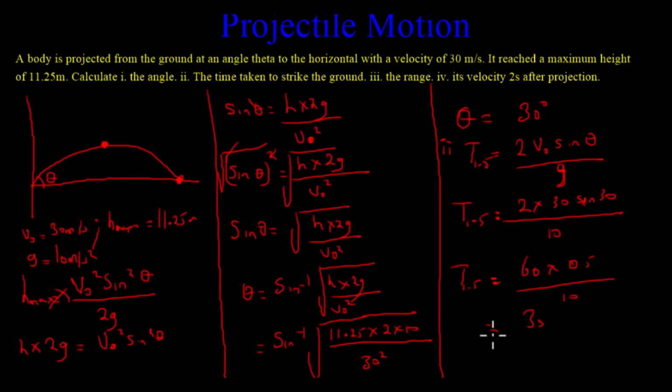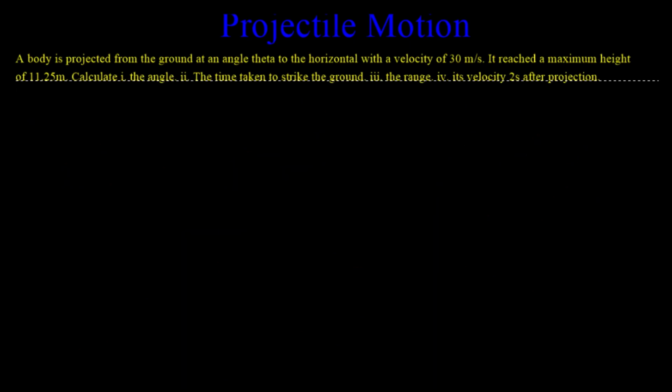All right. Now, the next thing we want to do is to find the range. The question asks us to find the range. So let's clear this part so we can have enough space to work with. For the range, first we start by writing our formula.